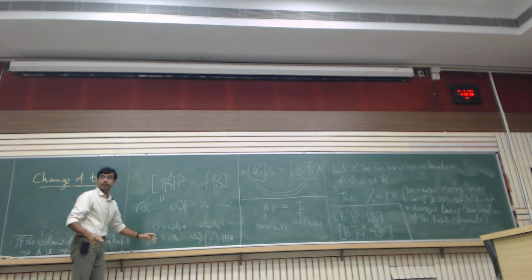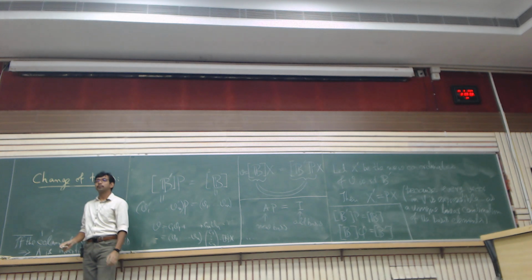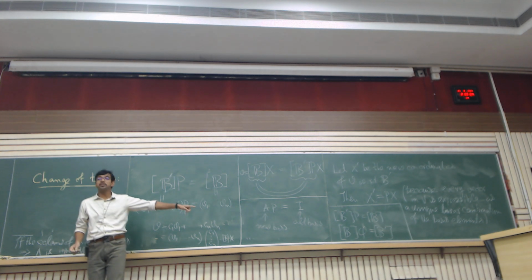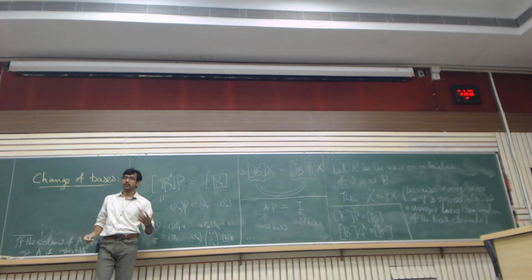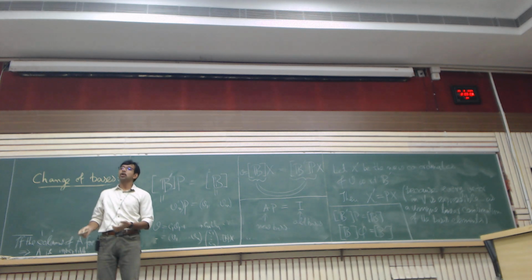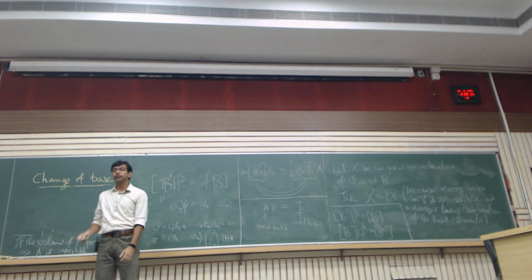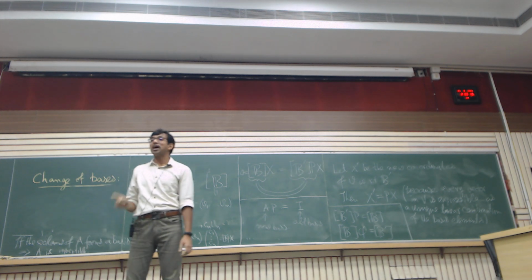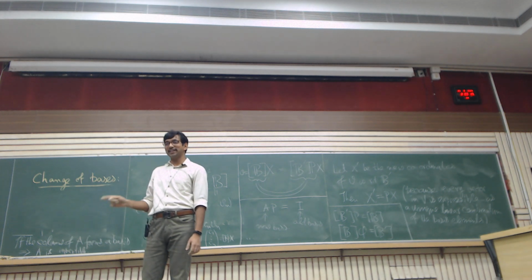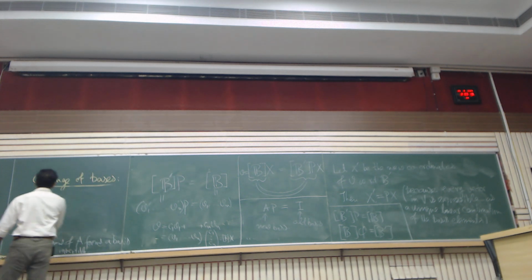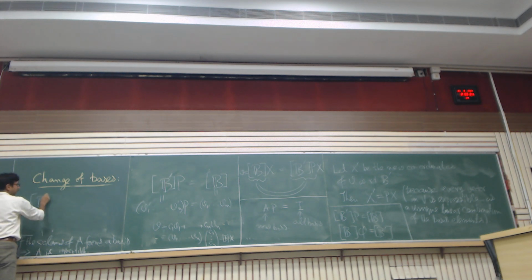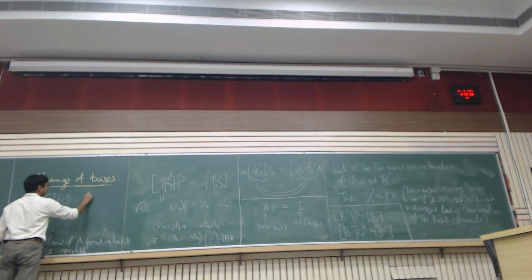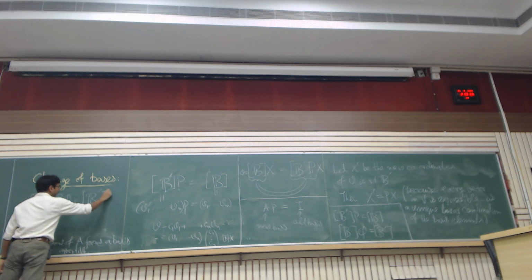We have seen the argument that for all P which are change of basis matrices, the inverse exists. So previously you assumed that P belongs to the set of M n F, now it should belong to GL n F. B dash PQ should be equal to B dash.